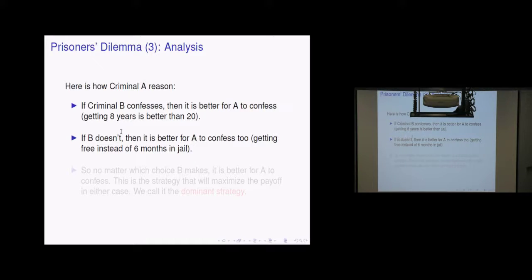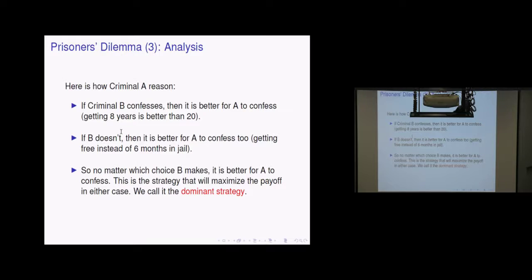So no matter which choice B makes, it is better for A to confess. This strategy maximizes the payoff in either case, and so we call it a dominant strategy.